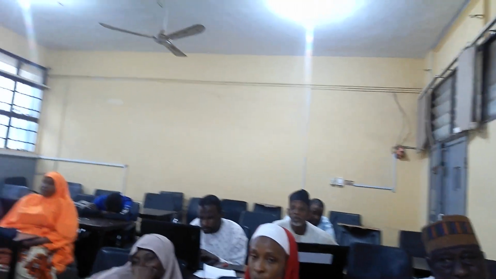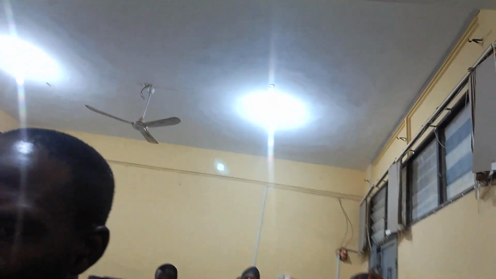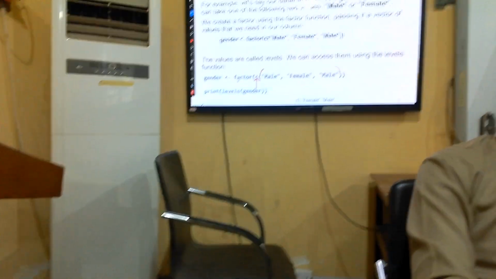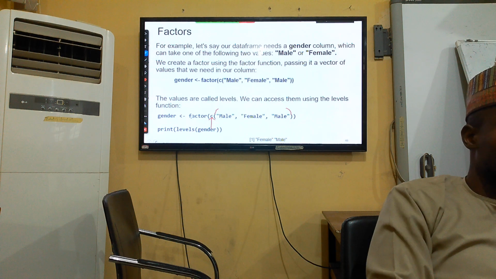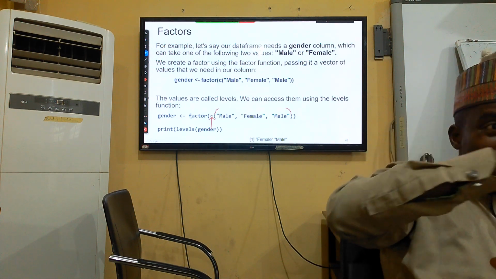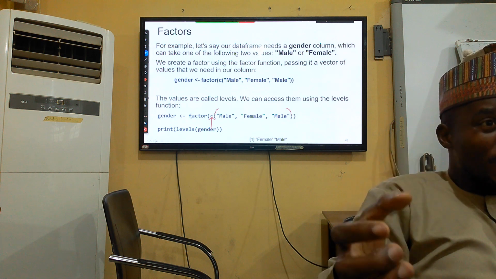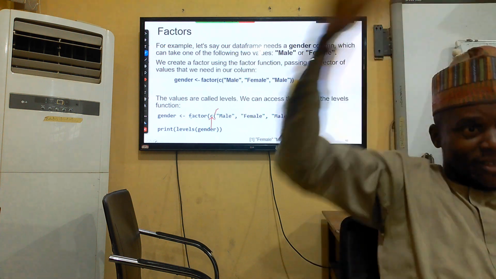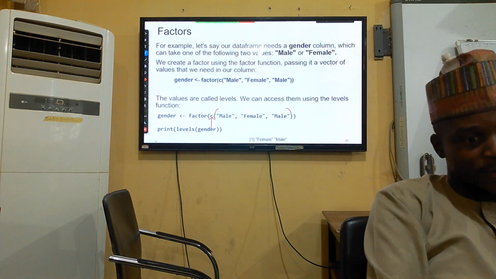This is the opening bracket for this c, and this is the closing bracket for this c. And then the factor itself is another function, so it should also have its own opening and closing bracket. What we put inside it is that c vector. That's why we have the closing bracket.